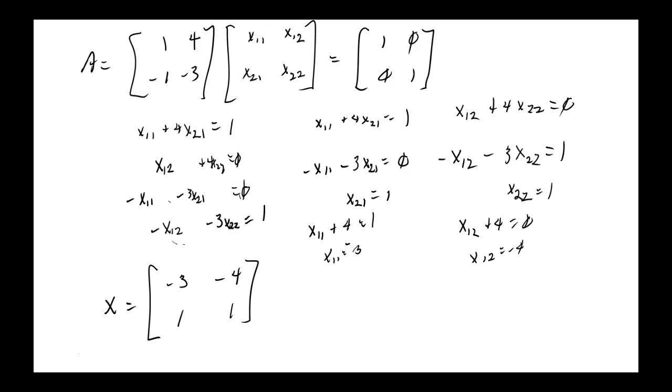Now, it says multiply that by that, A by X, and see if you get the identity matrix. You sure should. Okay.